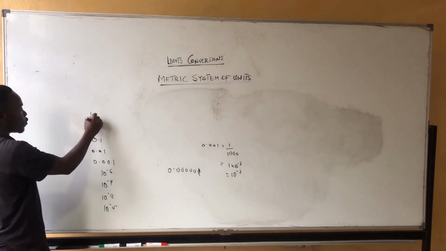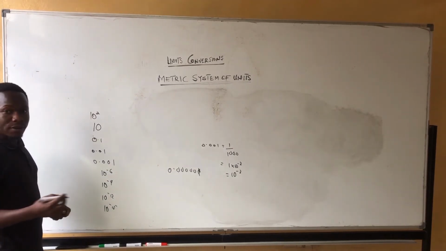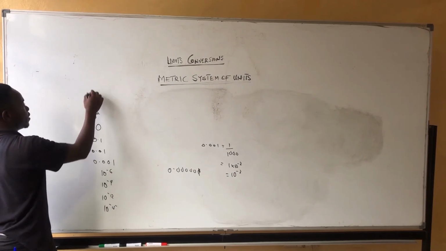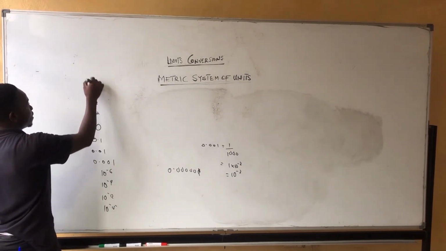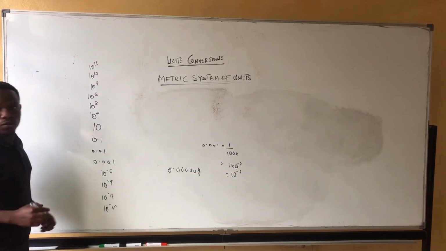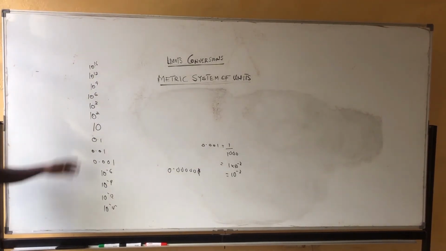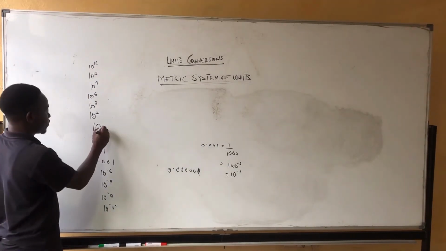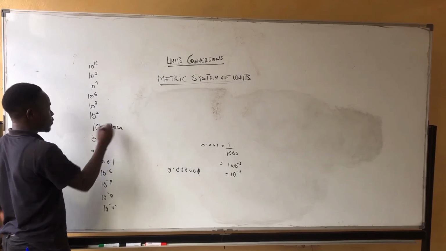We have prefixes for 10 to the power 2, that is 100, 10 to the power 3, 1,000, 10 to the power 6, a million, 10 to the power 9, 10 to the power 12, 10 to the power 15, and so on. Now, each of these numerical values represents a prefix, so I'm going to write their names behind it. This represents deca.